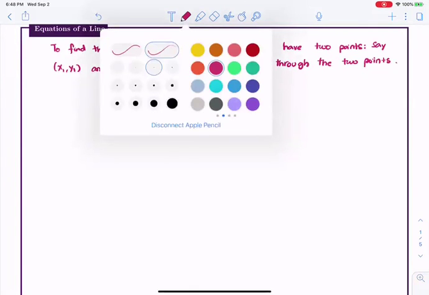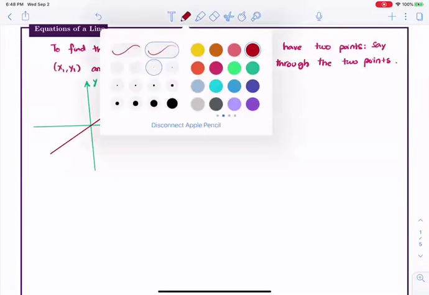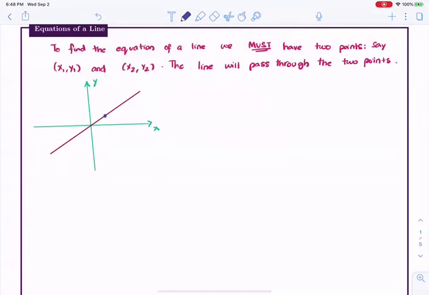So in a graph, I can illustrate it. If I do not have those 2 points, x1, x2, y1, y2, there is no way that we can find the equation of a line unless we have additional information in a different sort.